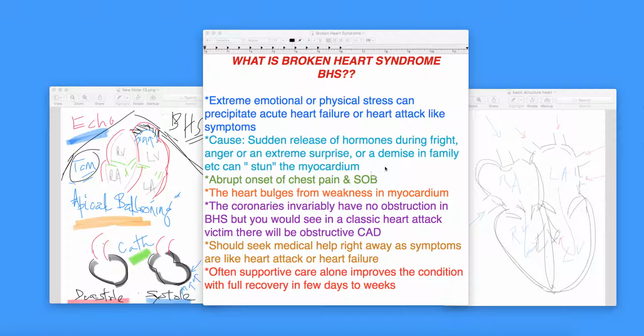But broken heart syndrome is an entity that needs to be defined, and which we come across quite often in our cardiology world amongst our doctors, where either it's a breakup from a boyfriend-girlfriend situation, or it's a demise, or a close relationship like between a husband and a wife, and suddenly there is an issue, for instance, like a divorce happening, etc. So these things can precipitate a broken heart syndrome, just so that you know.